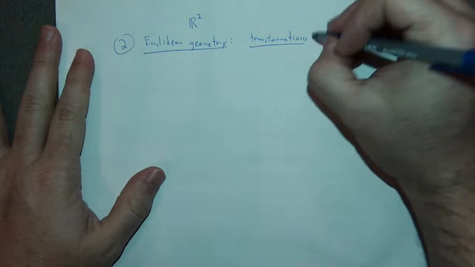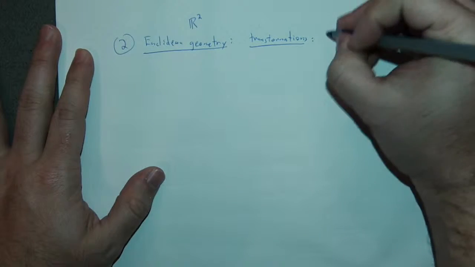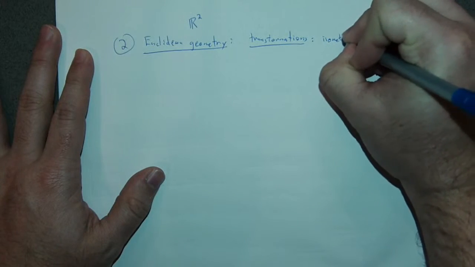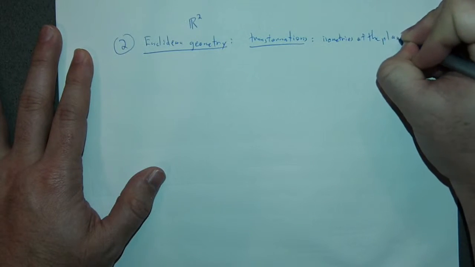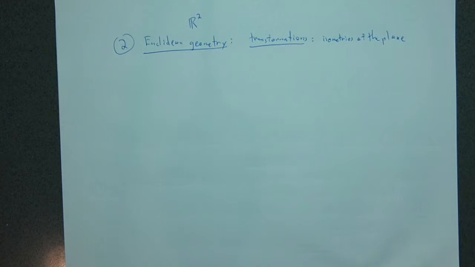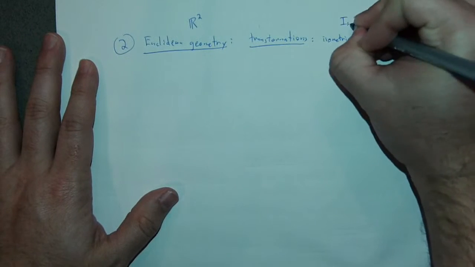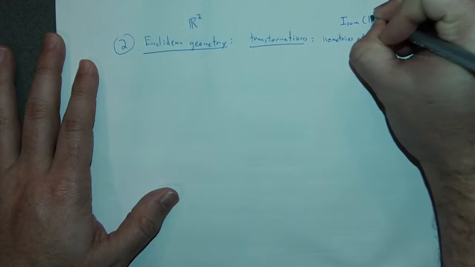What are my transformations? Isometries of the plane. So isometries of the plane, which we are going to denote as Isom(R2).